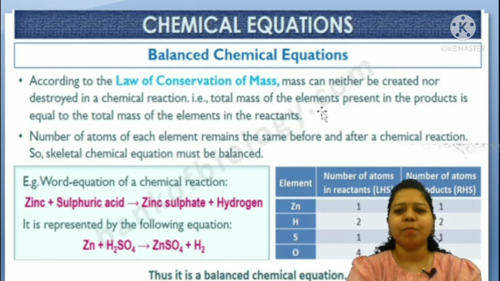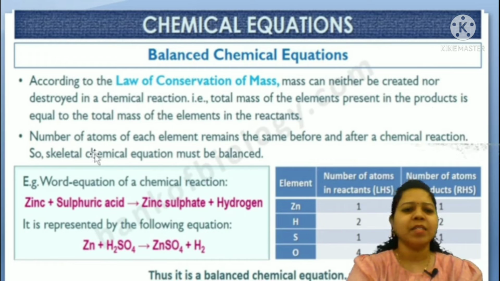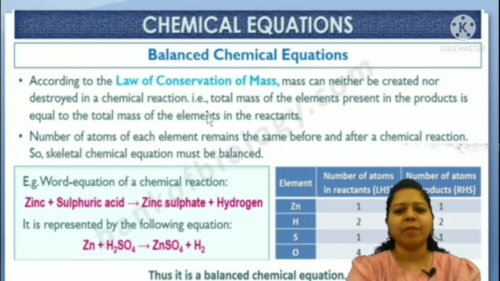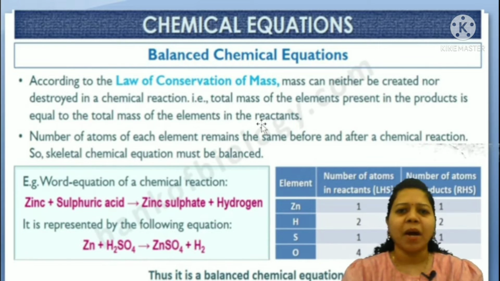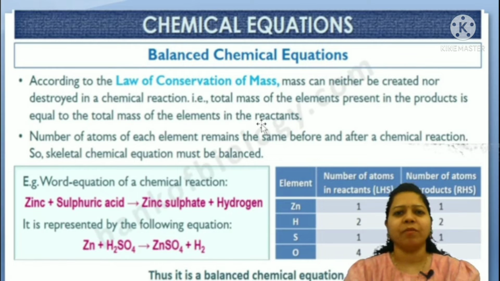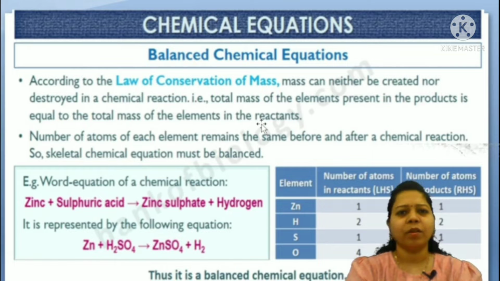The total mass of the elements present in the products is equal to the total mass of the elements in the reactants. That's why we are going to balance the chemical equation, because the number of elements is always equal in product and reactant.